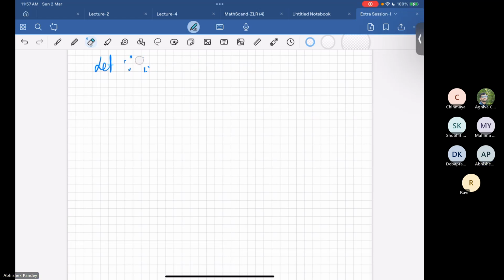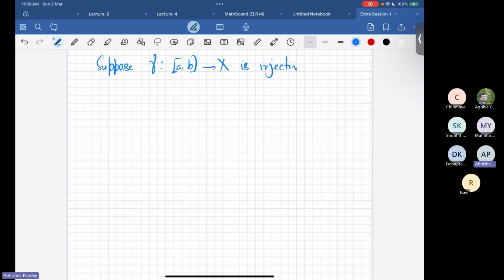Suppose gamma from (a, b) to X is injective and rectifiable, and let us say the length of gamma is finite. Take the arc length parametrization.